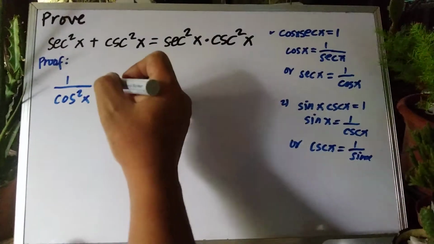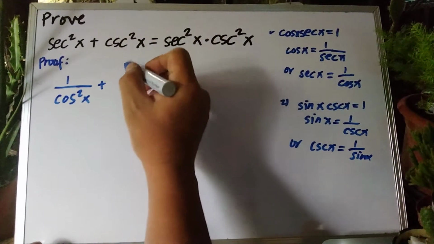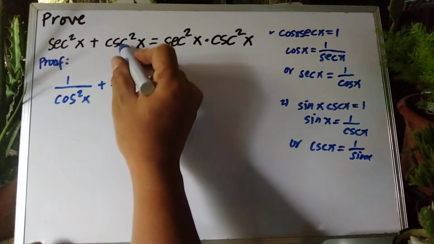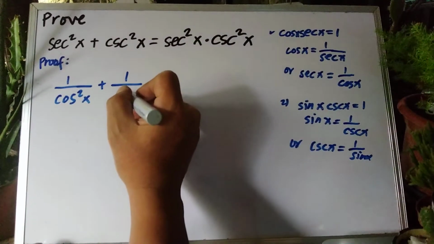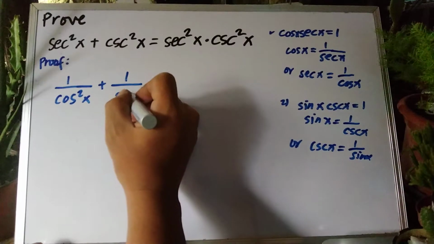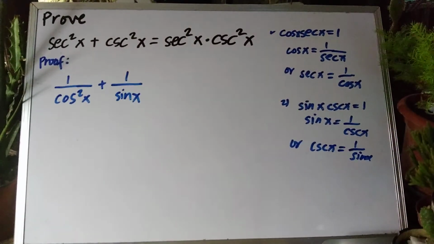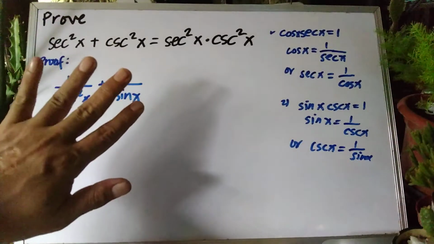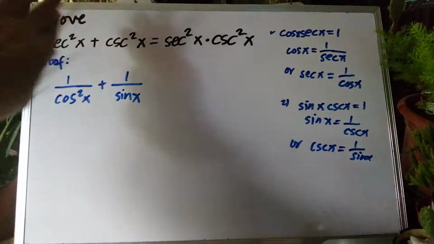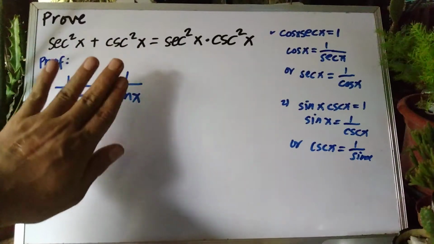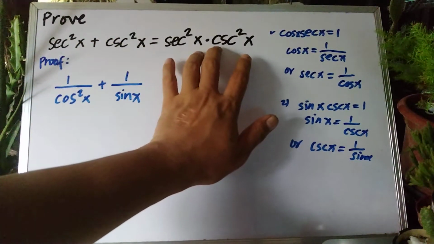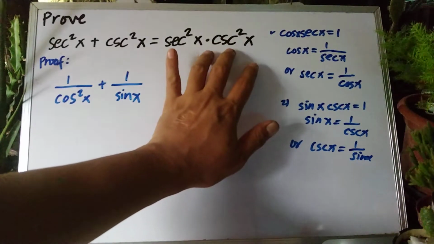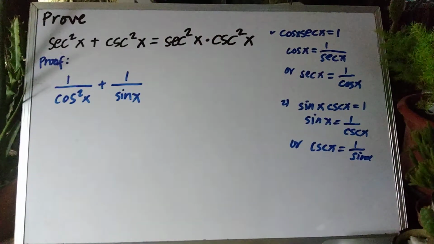Plus 1 over sine squared x, cosecant squared x is also equivalent to, pinakita na natin, 1 over sine squared x. Take note guys na we only operate on the left side of the equation. Kasi ang punto natin, maka-obtain tayo ng ganito. Dapat equal siya ng ganito.